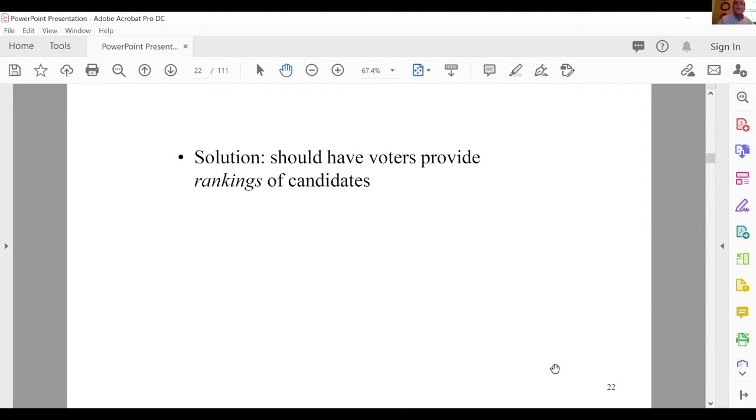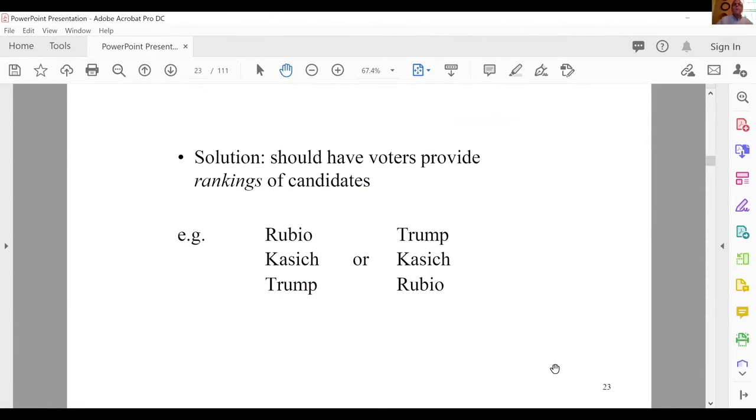So part of the solution is to allow voters to provide more information, to provide a ranking of candidates. So perhaps a voter might put Rubio first and then Kasich and then Trump, or some voters might put Trump first and then Kasich and then Rubio.